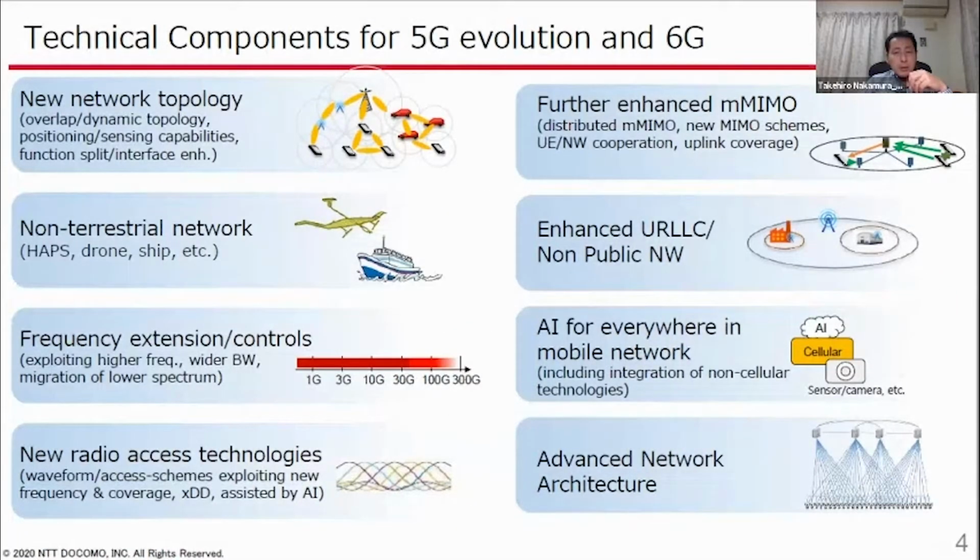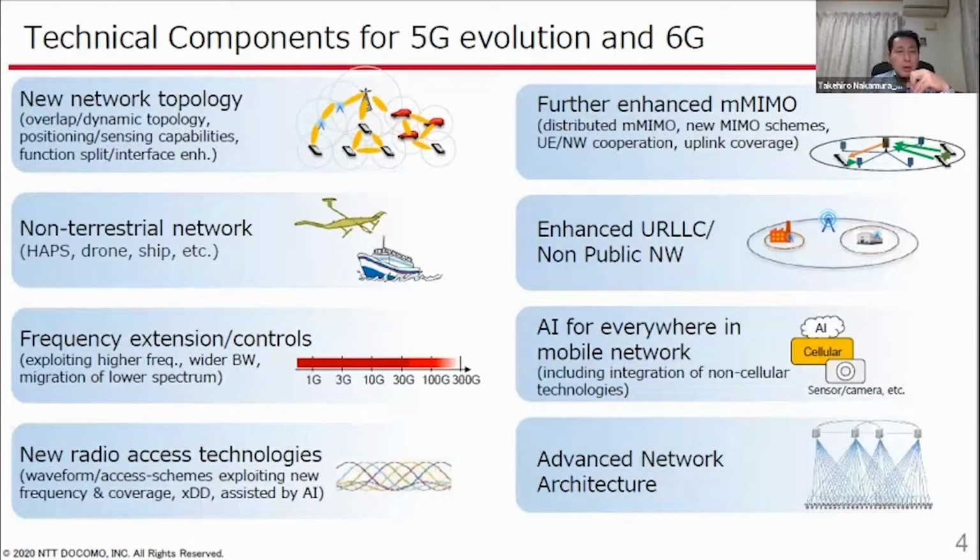And this is a list of the potential technical components for the 5G evolution and 6G. At this moment, it is a little bit unclear which one is a 5G evolution technology and which one is a 6G technology. But these are maybe the potential candidates.